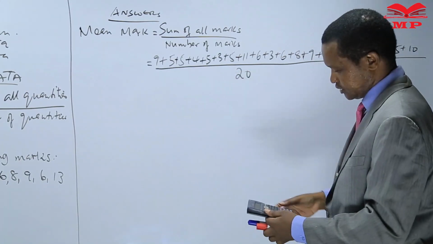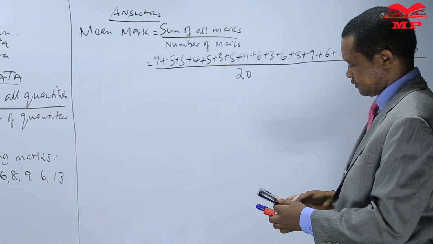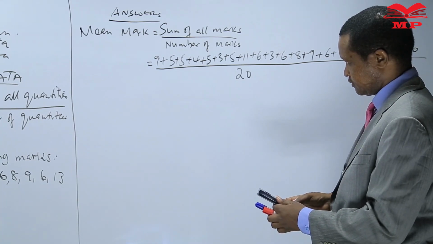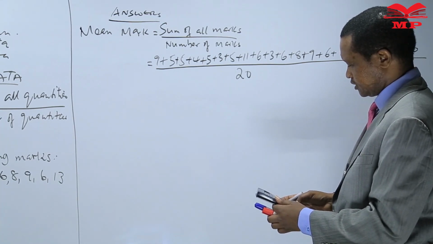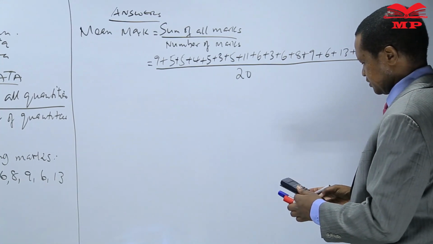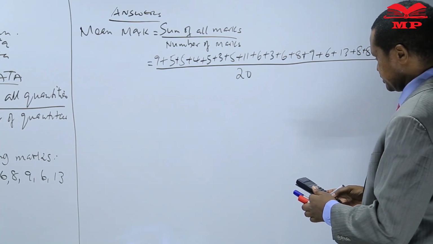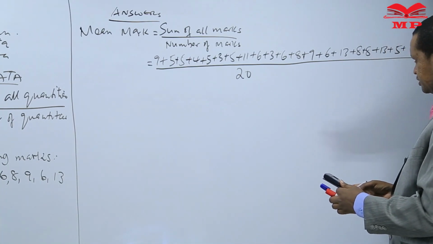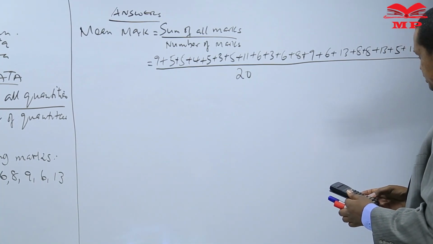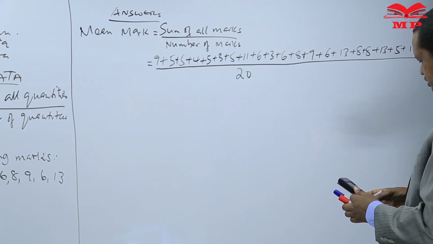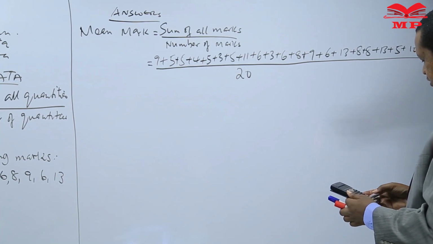We add together 9 plus 5 plus 5 plus 4 plus 5 plus 3 plus 5 plus 11 plus 6 plus 3 plus 6 plus 8 plus 9 plus 6 plus 13 plus 8 plus 8 plus 13 plus 5 plus 10.